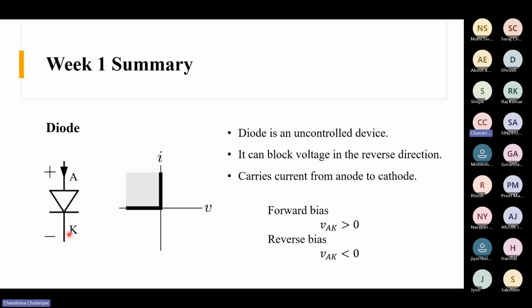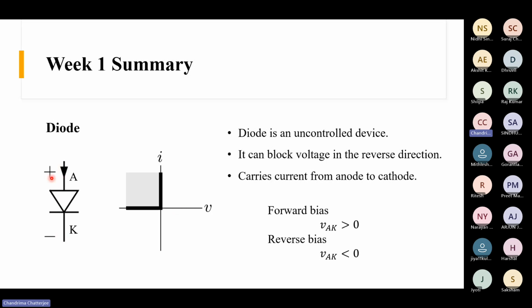That's why in this IV characteristic, the current direction is in the positive y-axis. We have not shown the negative y-axis because it can only carry current from anode towards cathode, not the opposite, from cathode to anode it can't carry current.